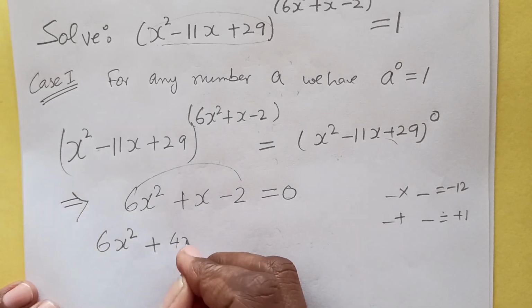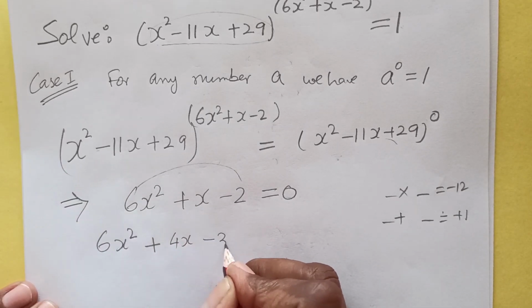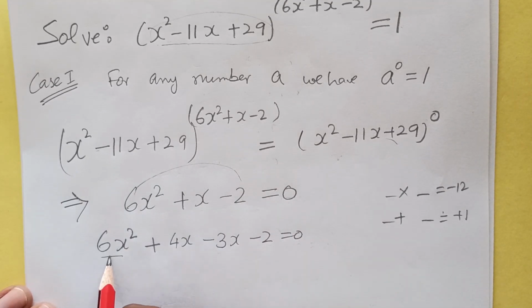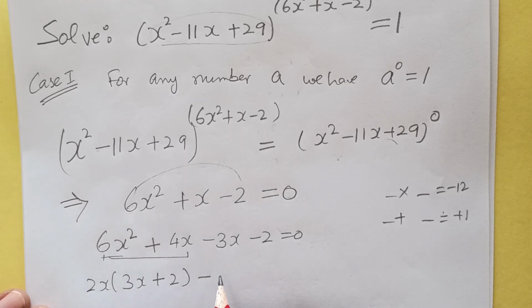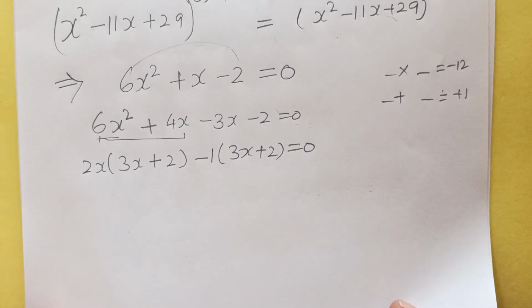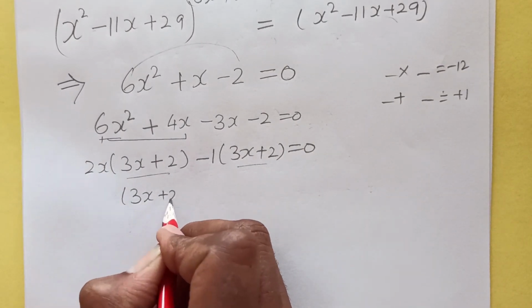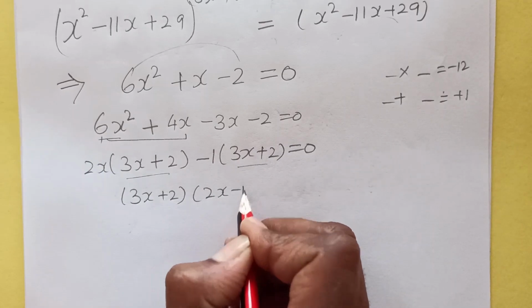So I will write here plus 4x minus 3x minus 2 equals 0. What is common here is 2x, that means 3x plus 2 minus 1, 3x plus 2 equals 0, right? So now this factor is common, (3x plus 2)(2x minus 1) is 0.